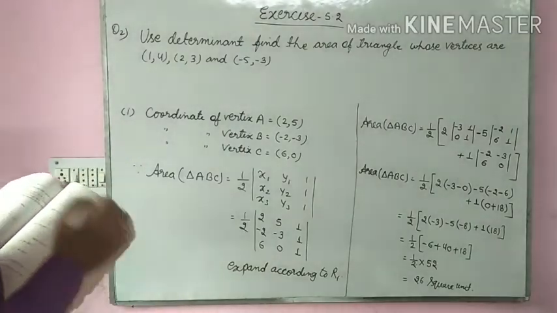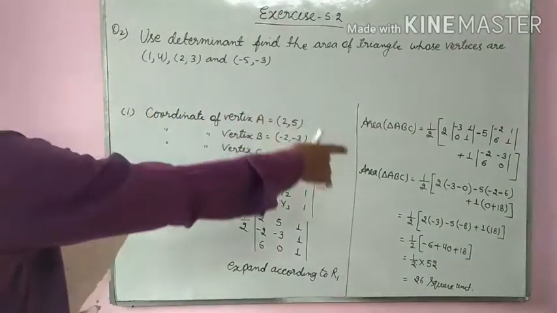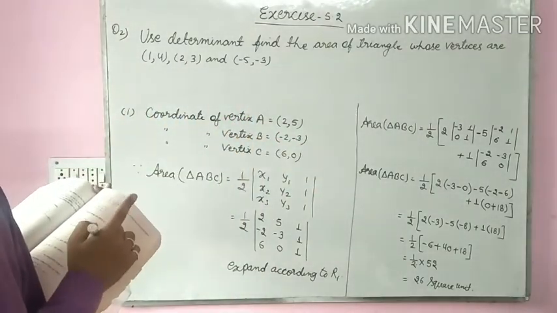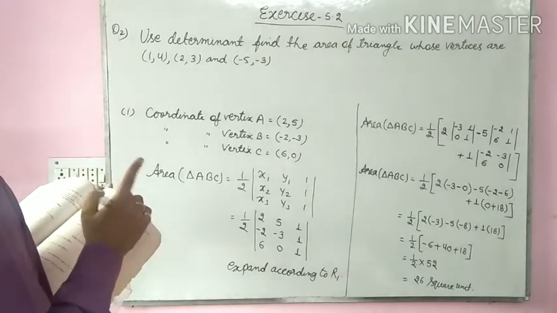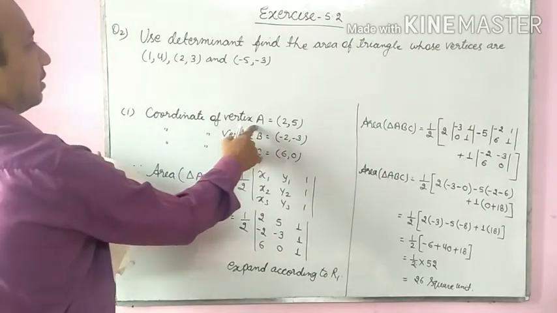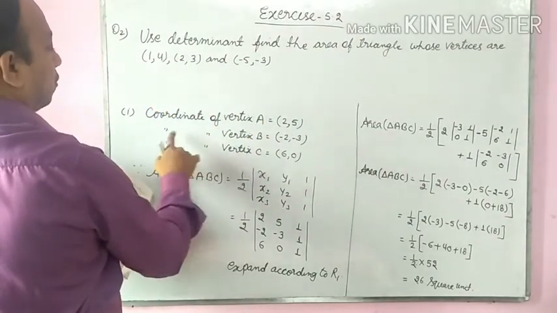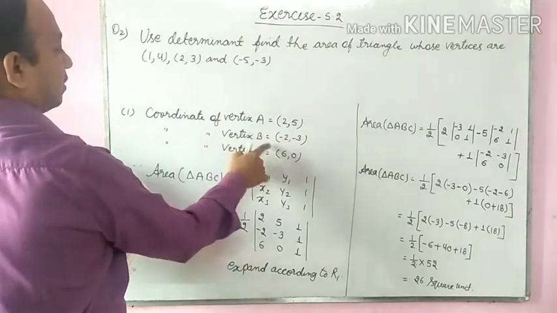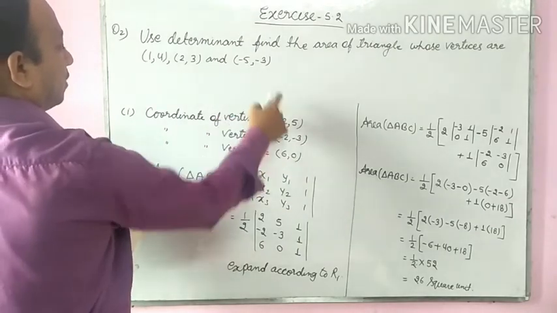Okay, use determinant. Find the area of triangle whose vertices are 1 4, 2 3 and -5 -3. Same question. Coordinate of vertex A equals 1 and 4, coordinate of vertex B 2 and 3, coordinate of vertex C -5 and -3.